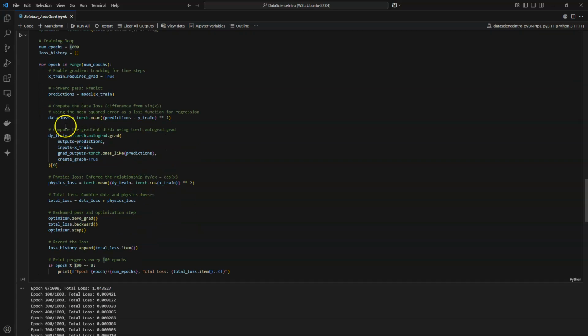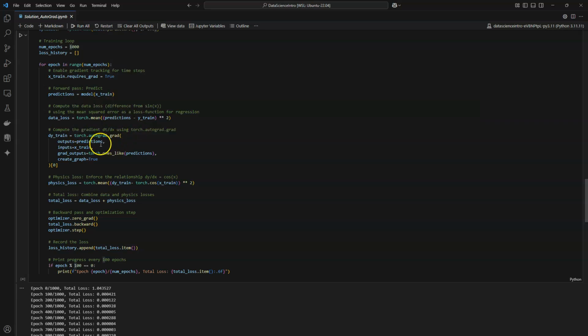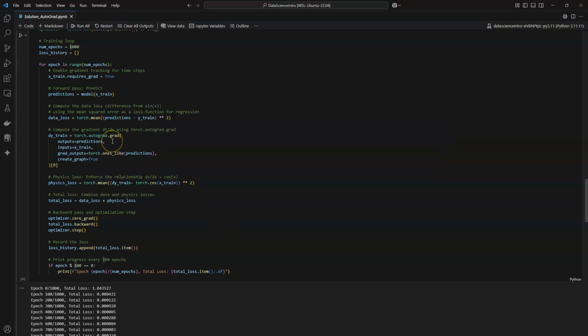Now the key part happens here. Now we take the derivative of the network output. So we use the gradient from the AutoGrad module, and take the output with respect to the predictions and input our training space. So here we really take the derivative of the network.